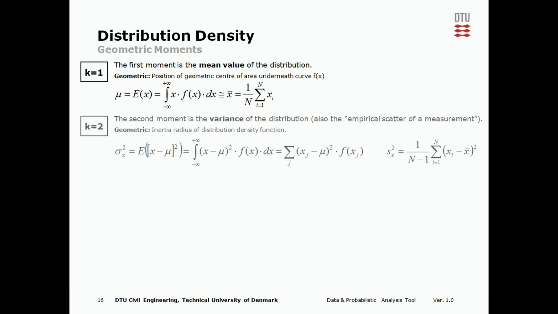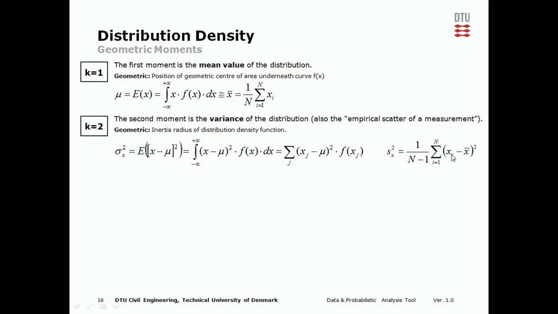Secondly, we can look at the difference of the individual data point, and this is, if I mark here at this point, the difference of the individual data point to what we now consider as the mean value. Or here, if we have this in a summation form, this is the individual data point and this is the mean value we have calculated before.